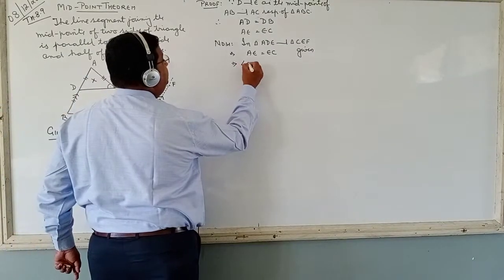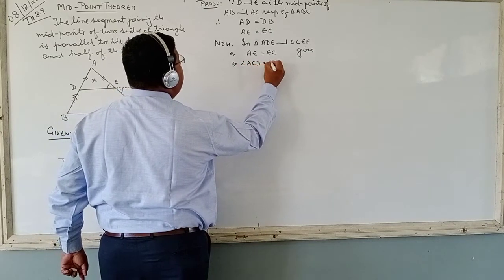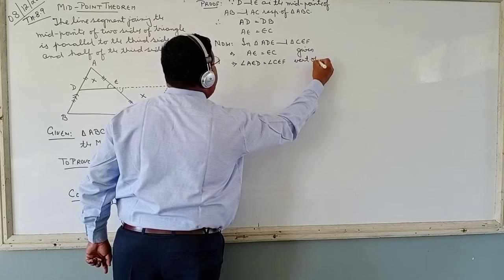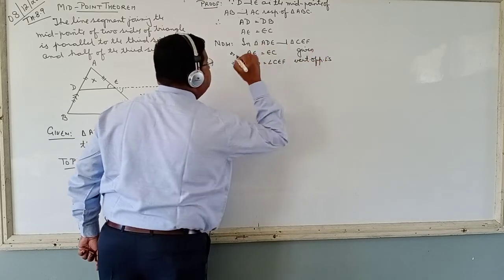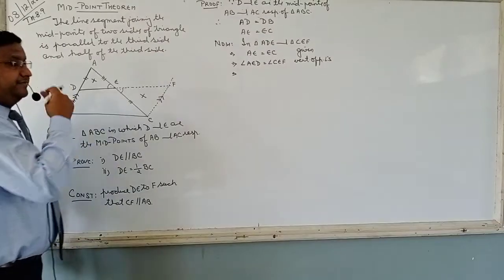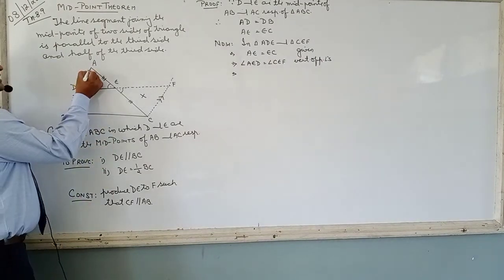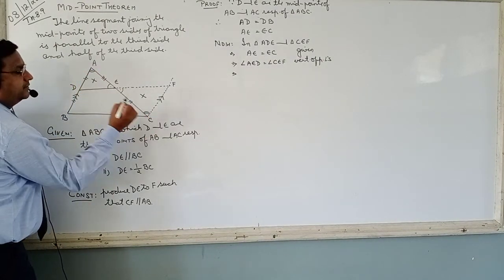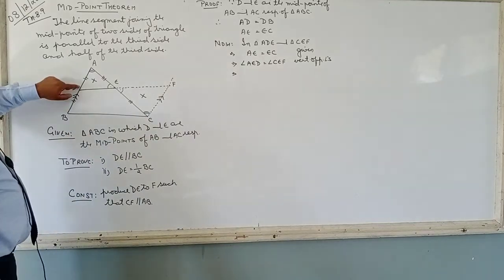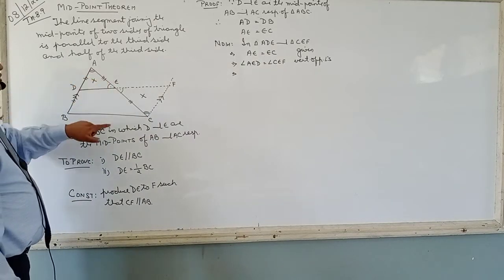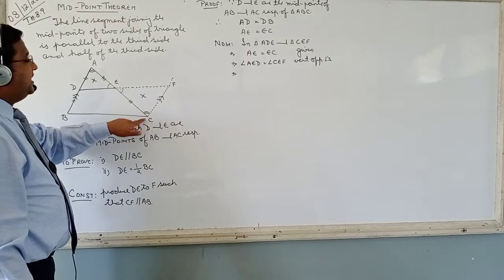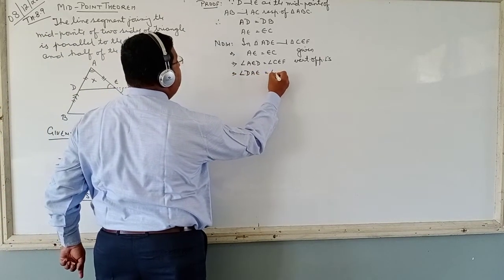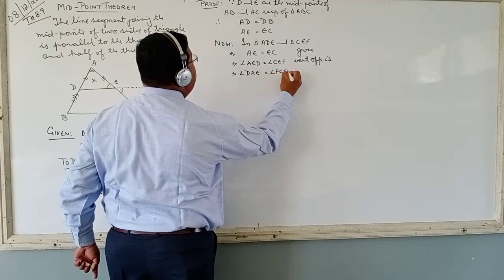Angle AED is equal to angle CEF, vertically opposite angles. And is this angle equal to this angle? Angle DAE is equal to angle FCE. Why?